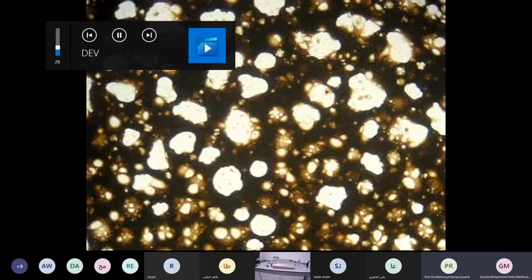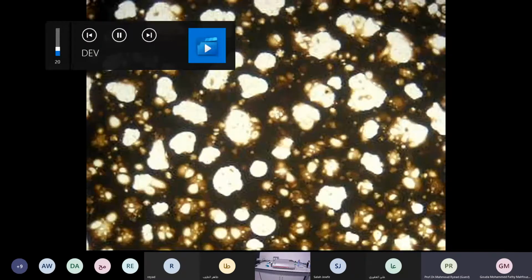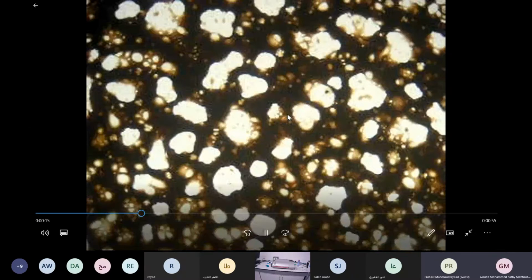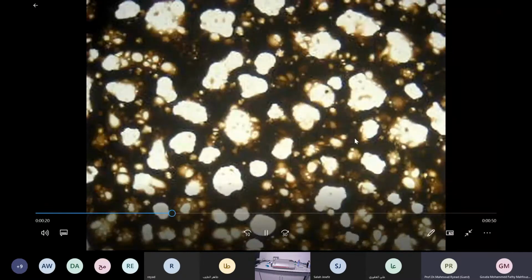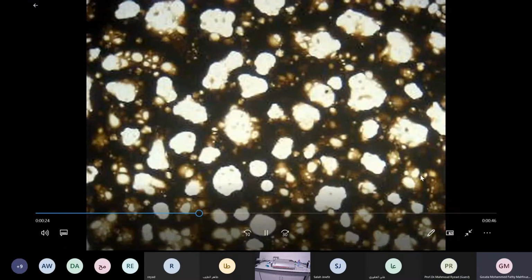The water separates after the emulsion forms. We note that the water is compacted and increased.